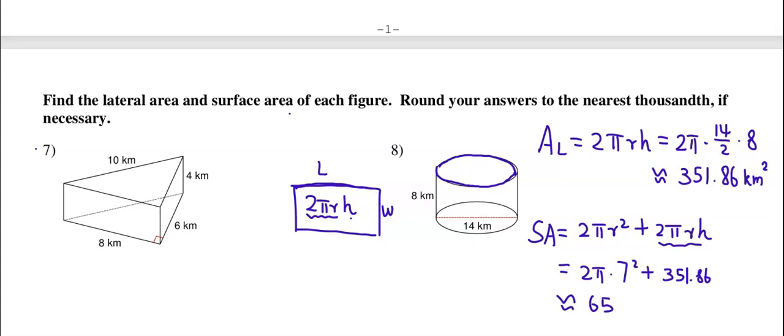It asks you to keep to the nearest, oh, it is thousandths. I did hundredths, that's okay. I did not see that it's thousandths. Remember, this is a tenth, this is a hundredth, this is a thousandth. I just did hundredths. All right, so that's question 8.